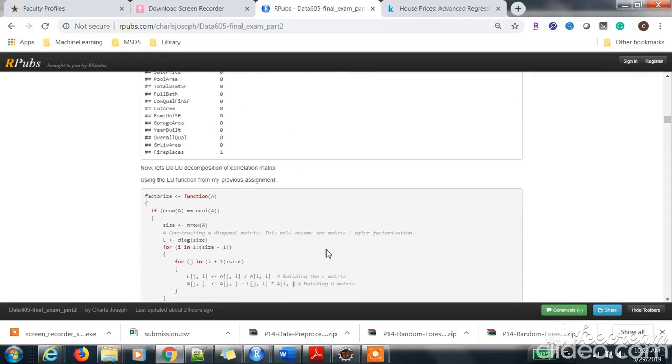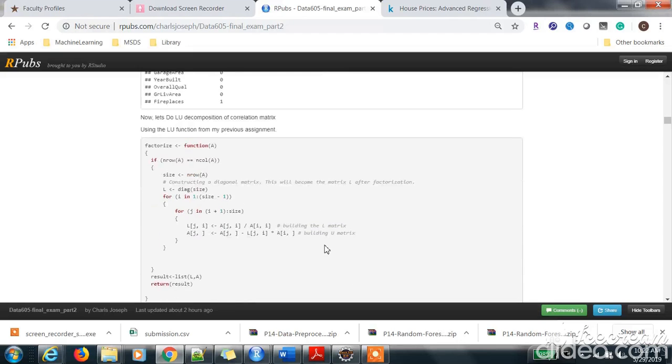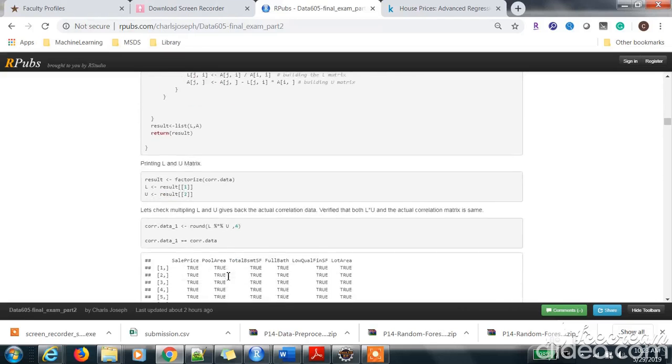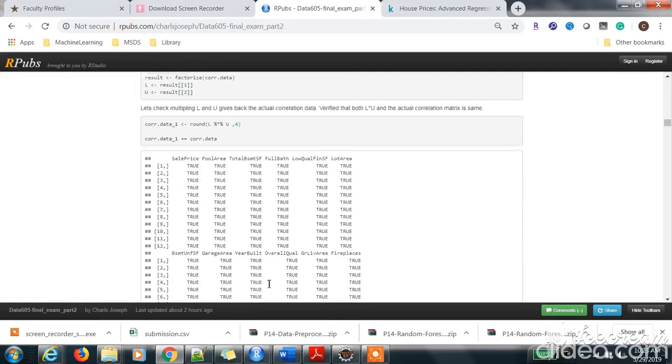Now let's do the LU decomposition for the correlation matrix. I have taken a function, which was one of the assignment tasks, to build an LU decomposition function, and I have used it. Then I decomposed into L and U, and when I multiply L and U, you will get the same correlation data.